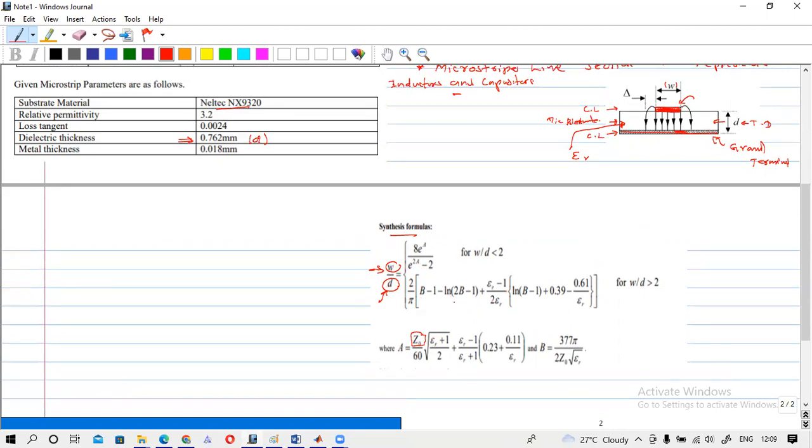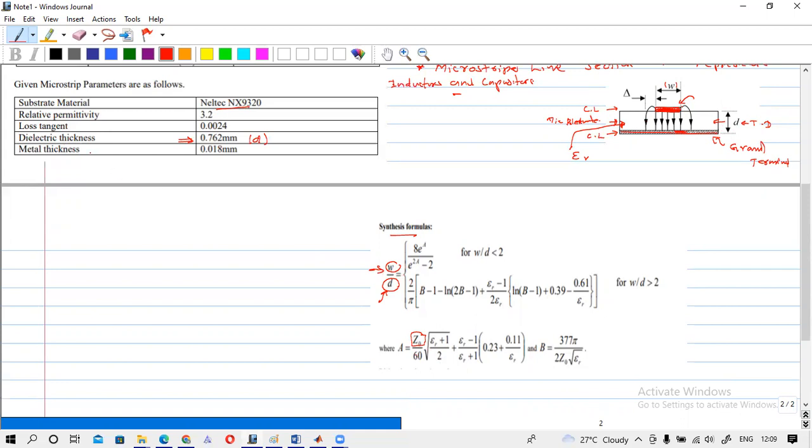Those analytical formulas are not required for this design, so I am not going to present them here. But I think you have been given those formulas, no? Anyway, we will use this synthesis formula to calculate this width, because we are given the thickness and also we are given this epsilon r.